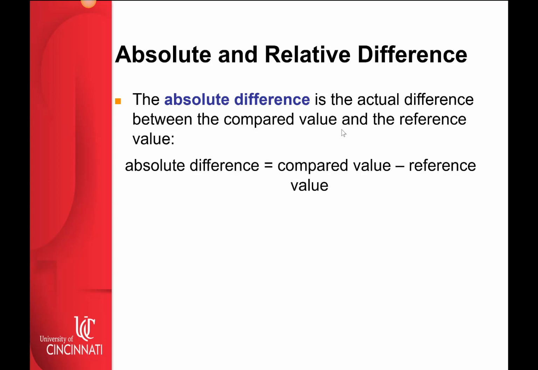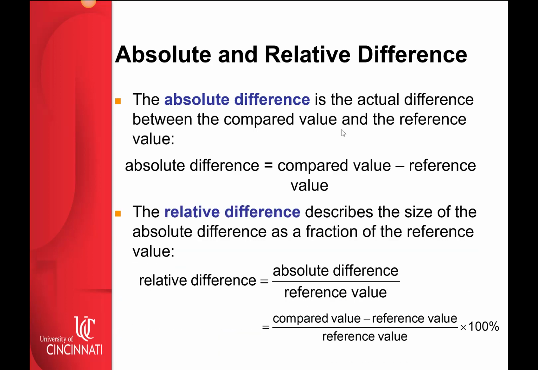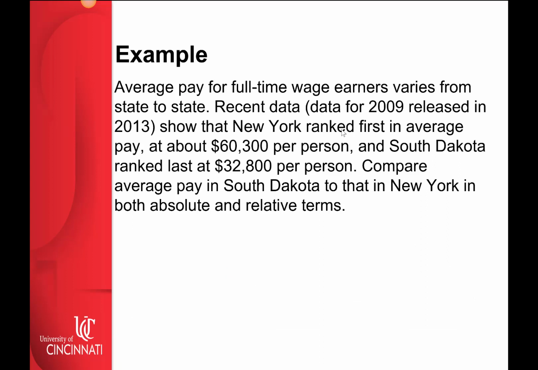Now, what folks will sometimes do, if they're trying to mislead you, is they will intentionally give you an absolute difference to make it sound like a lot, where relatively speaking, it's not much at all. So you've got to be careful. Does that make sense to everybody? Be careful what you're thinking.